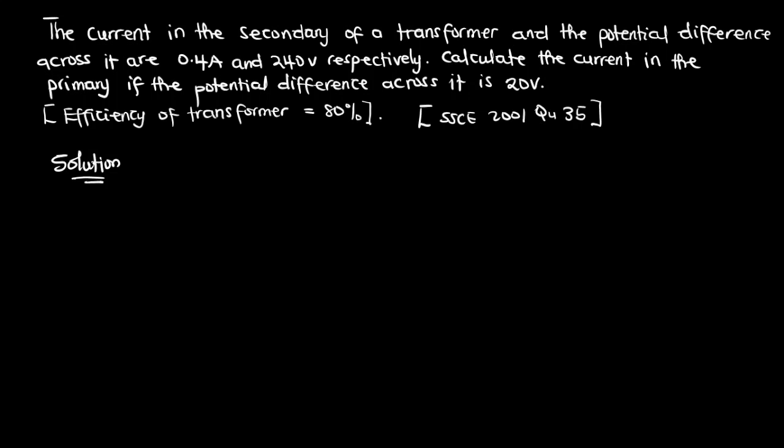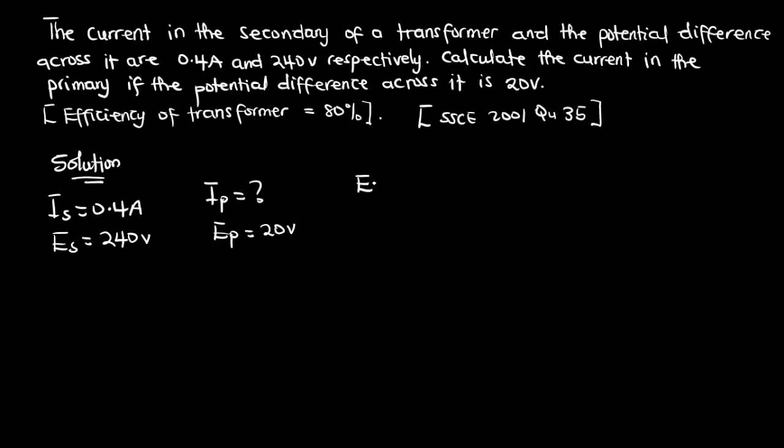So let's first of all write down our parameters. They say the current in the secondary of a transformer and the potential difference across it are this and this. So it means the current in the secondary IS is 0.4 amperes, and the voltage in the secondary ES is also equal to 240 volts. Are we okay? We have to calculate the current in the primary, so IP is unknown, if the potential difference EP is equal to 20 volts.